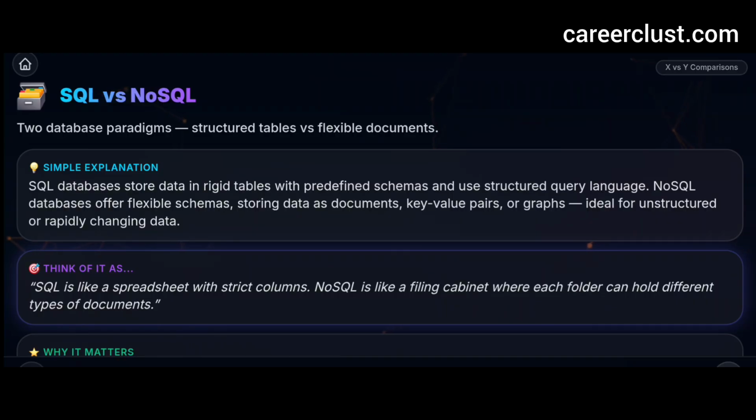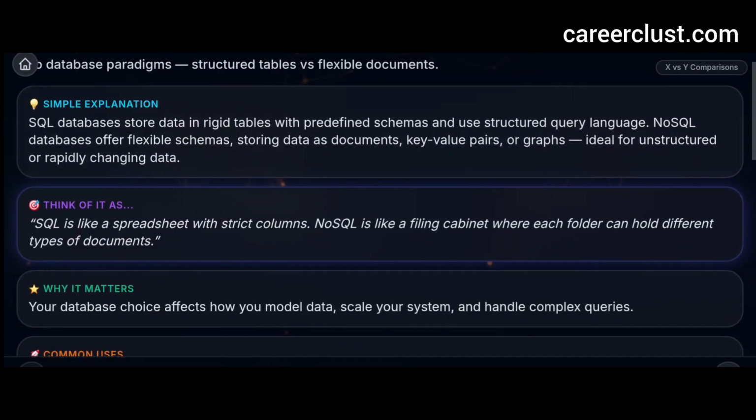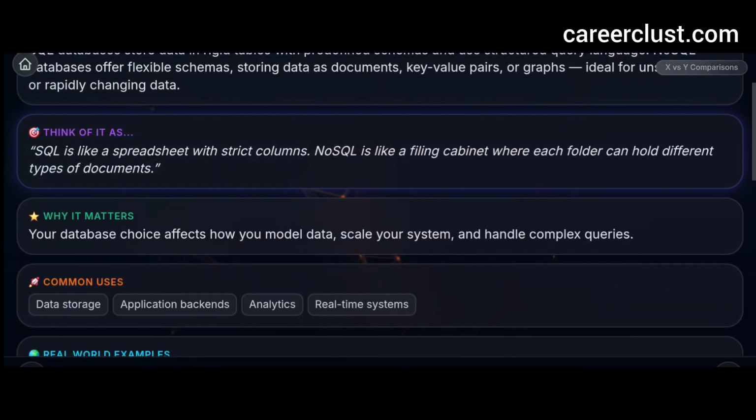NoSQL databases offer flexible schemas, storing data as documents, key value pairs, or graphs, ideal for unstructured or rapidly changing data. Think of it as SQL is like a spreadsheet with strict columns, whereas NoSQL is like a filing cabinet where each folder can hold different types of documents.